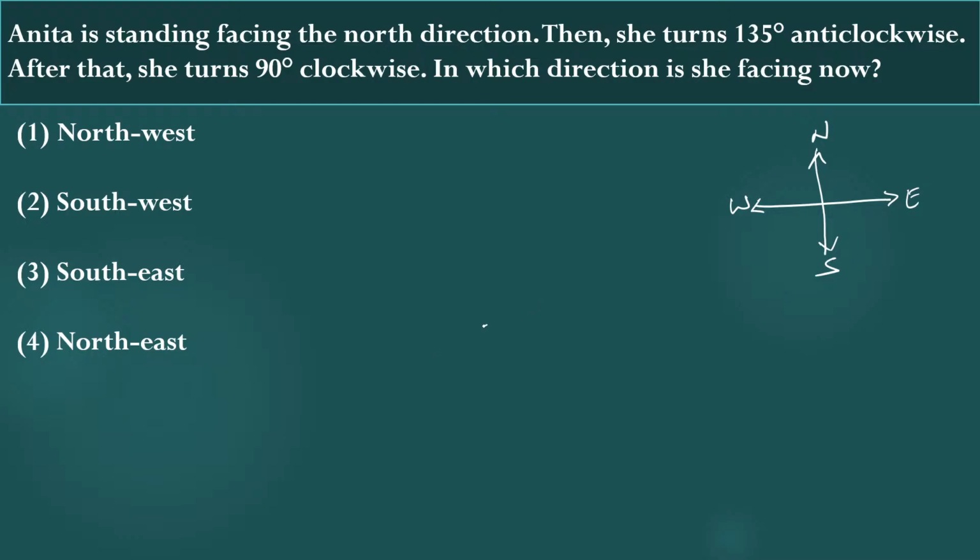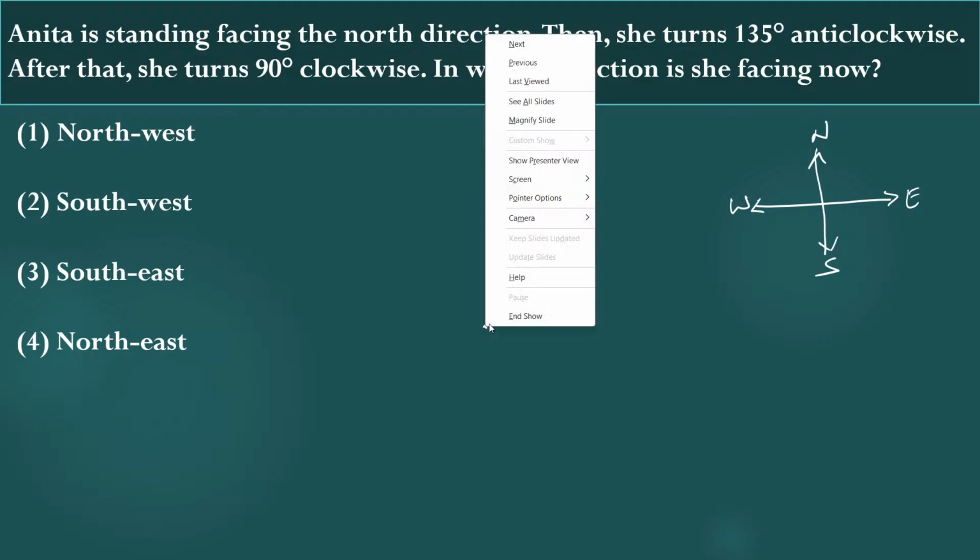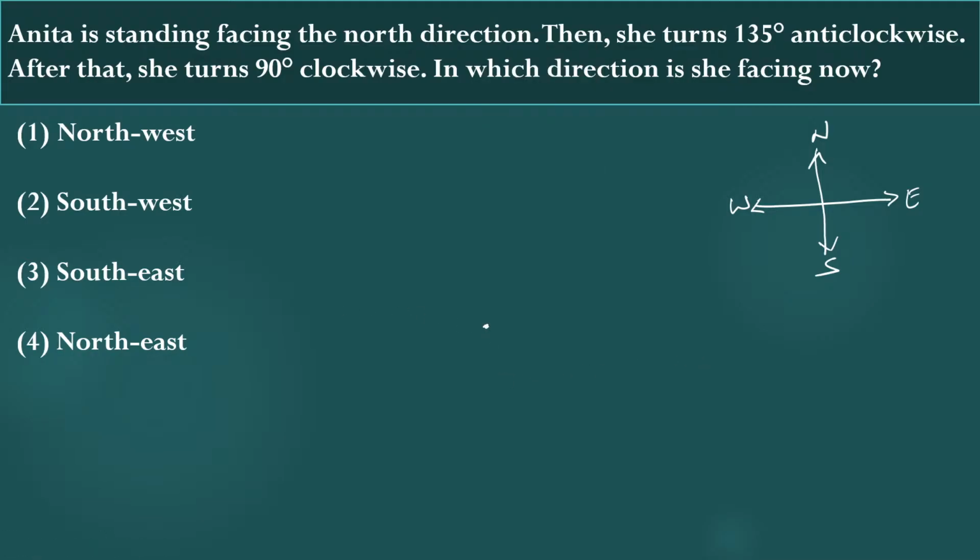So this is the position of Anita, and she is facing the north direction. Then she turns 135 degrees anti-clockwise.